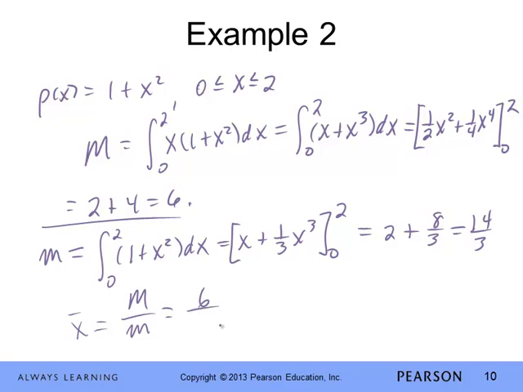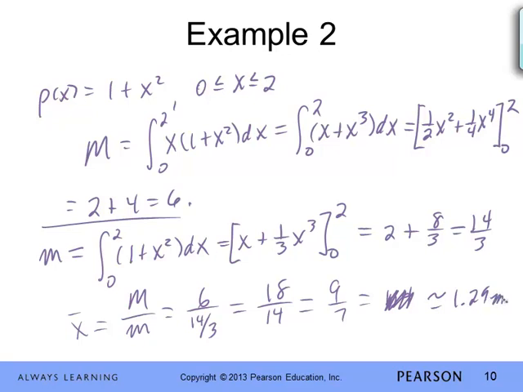You get 6 divided by 14/3, or in other words, 3 times 6 is 18 over 14, which reduces to 9/7. Sorry, that's not 1.4, it's 9/7. What does that work out to be? About 1.29. As in 1.29 meters from the edge that is the least dense.